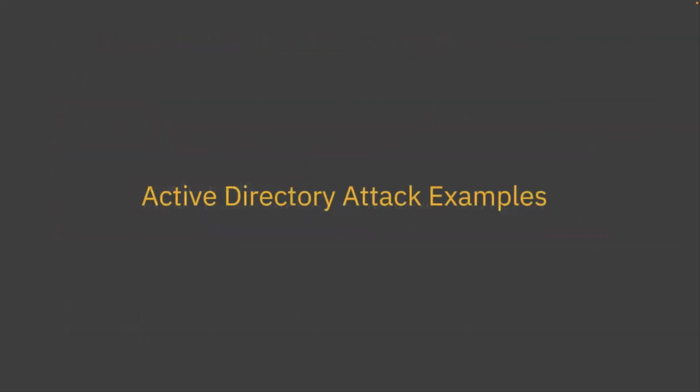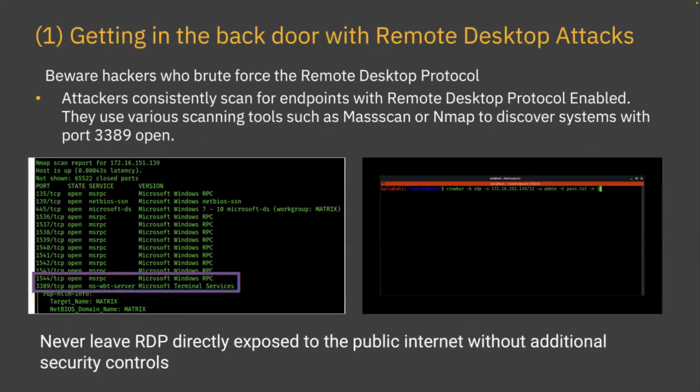So what about different attack examples of Active Directory? How can we attack Active Directory? Well, a common one is this, of course. If you've got remote desktop protocol open on a server or on the firewall on your network, this is always the first port of call that hackers will come in on.